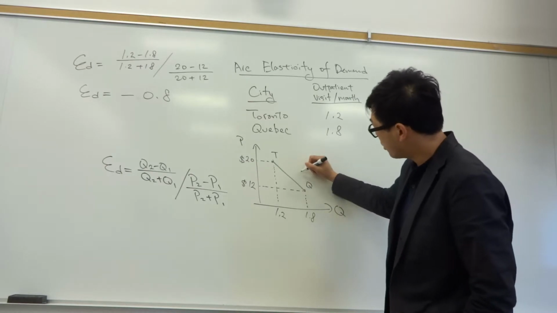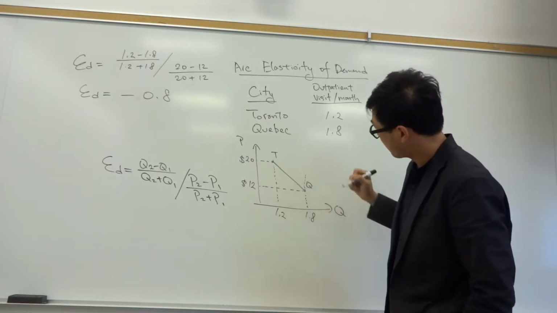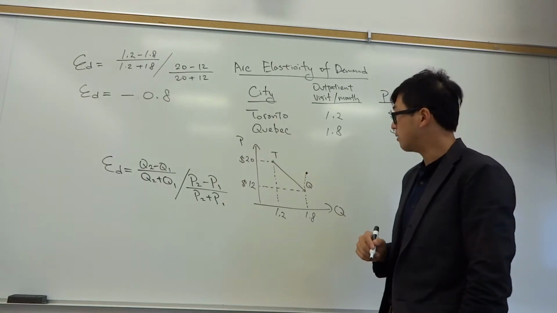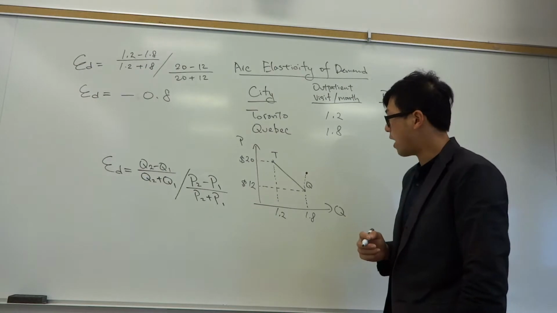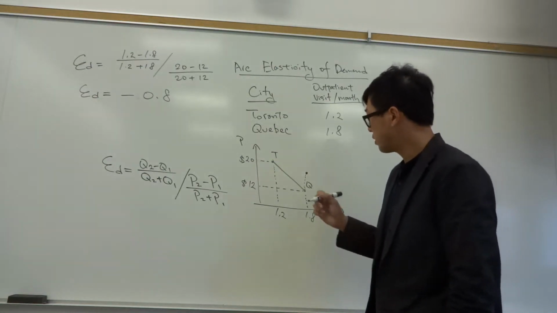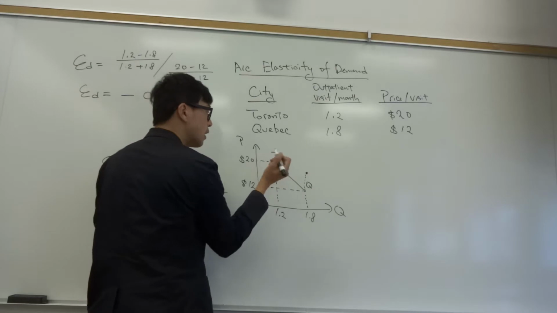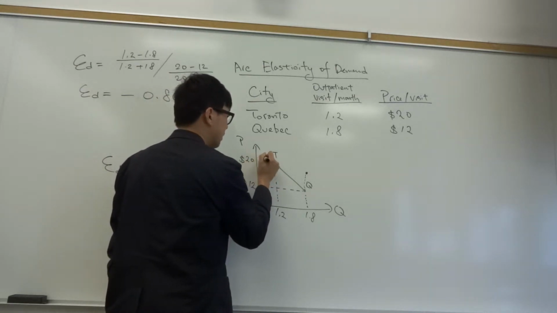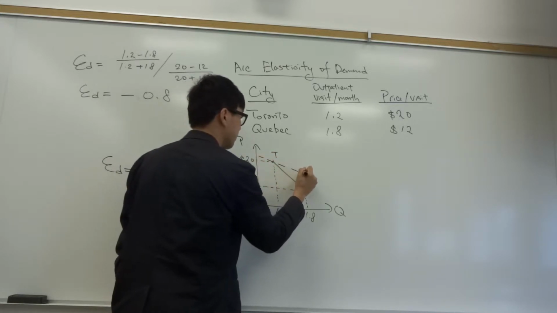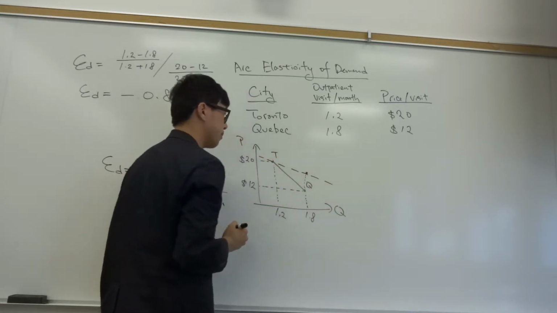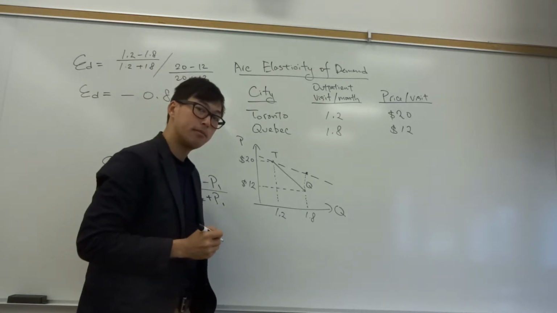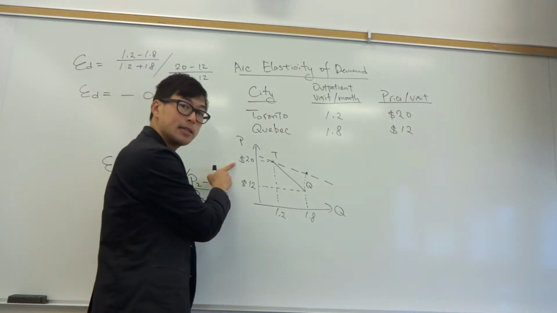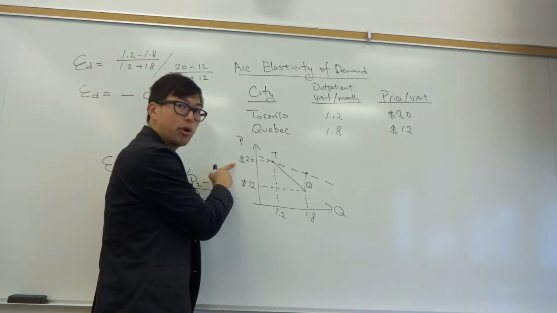So you might imagine there might be a point way up here where people might use service in Toronto given the higher price. So collecting these two points here, the true demand in Toronto might look something like this. On the other hand, Quebec might not be able to pay this high price because people in general have lower income.